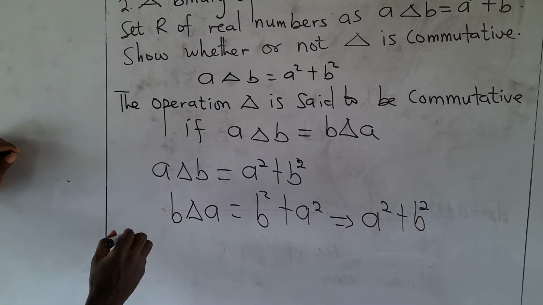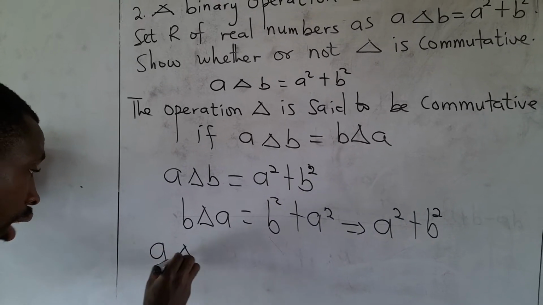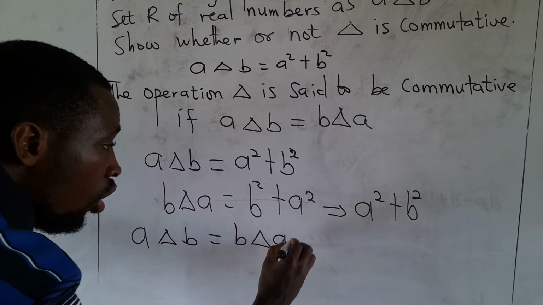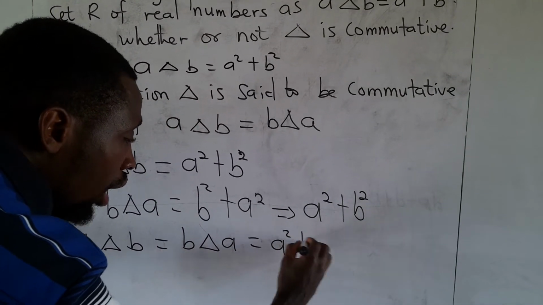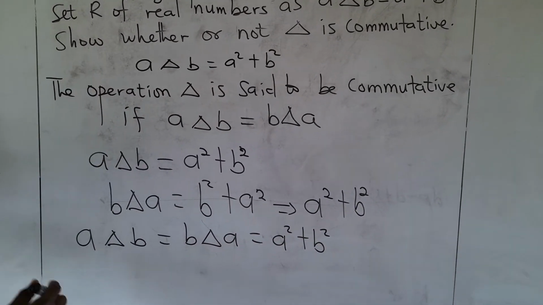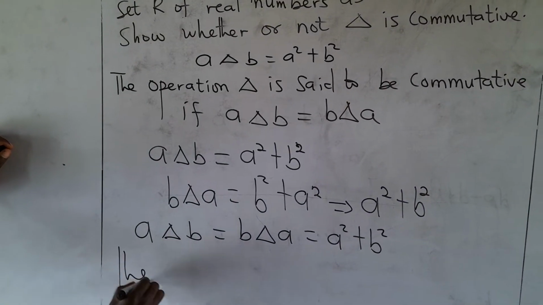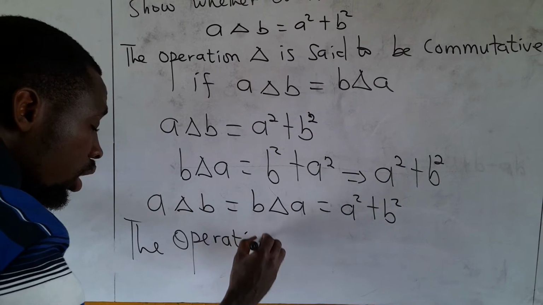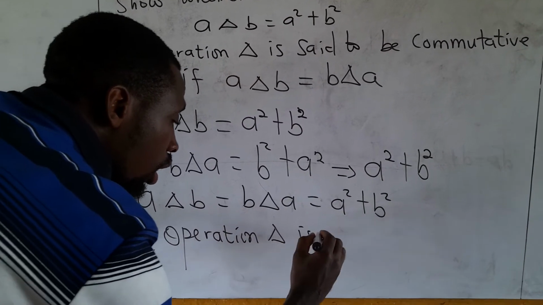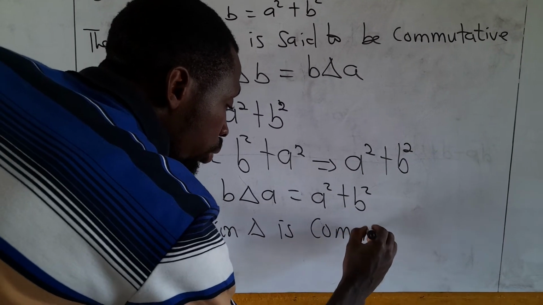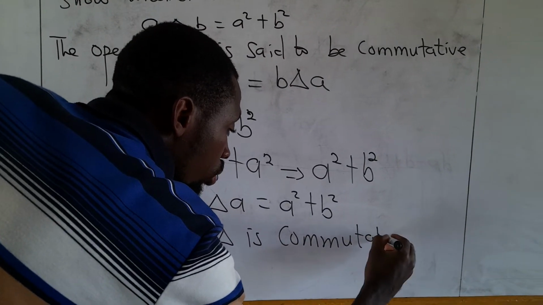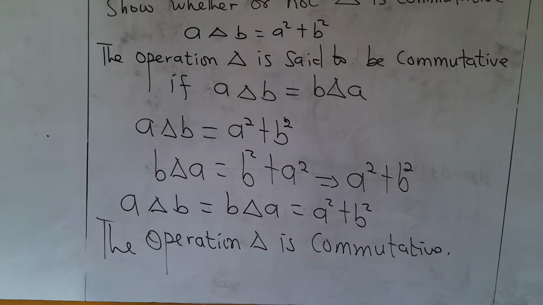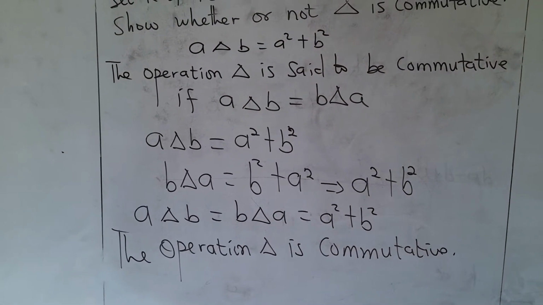So realize that A delta B is the same as B delta A, all equal to A squared plus B squared. Then we can say the operation delta is commutative. I hope you get that. This is not anything difficult at all.